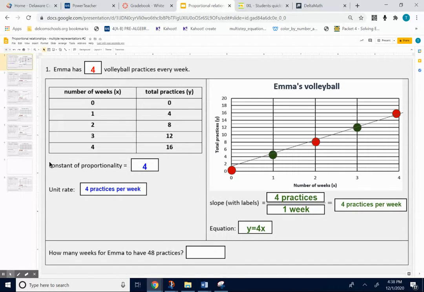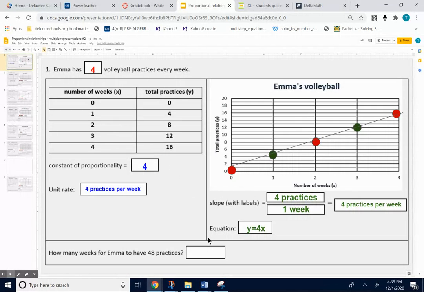Because if you look over here in your data, the y value on the right is always 4 times bigger than the x value on the left. This y value of 4 is 4 times bigger than 1. This y value of 8 is 4 times bigger than the x value of 2. And so on. That's always true. The y values on the right are always equal to 4 times the x value on the left.